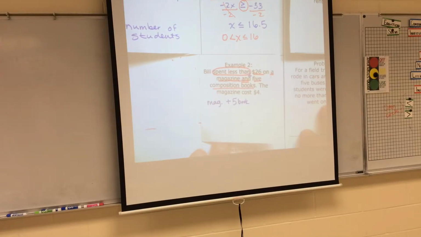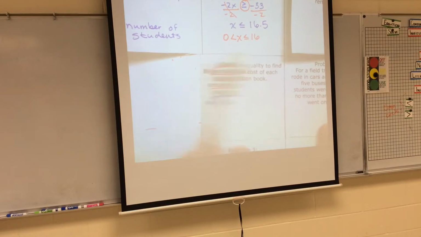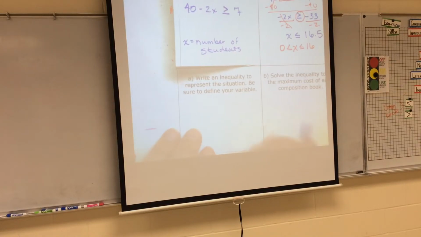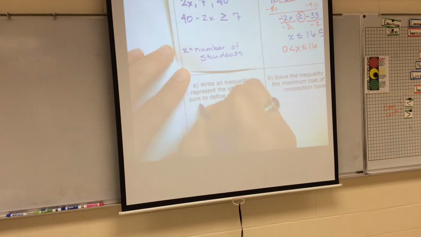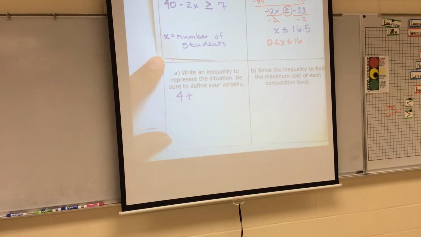But what do I know about that magazine? How much does the magazine cost? $4. So I can substitute $4 for my magazine, right? So let's go ahead. It says write an inequality. So I've got 4 plus, 4 plus, well, I have 5 composition books.